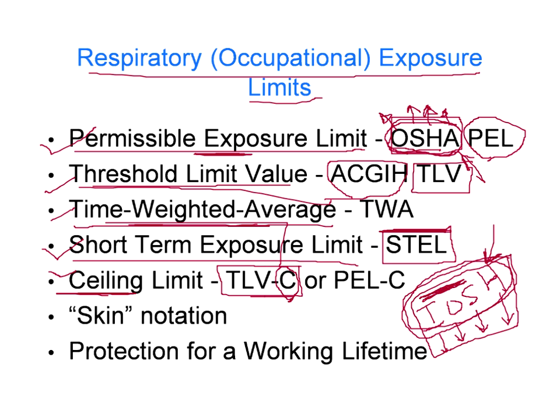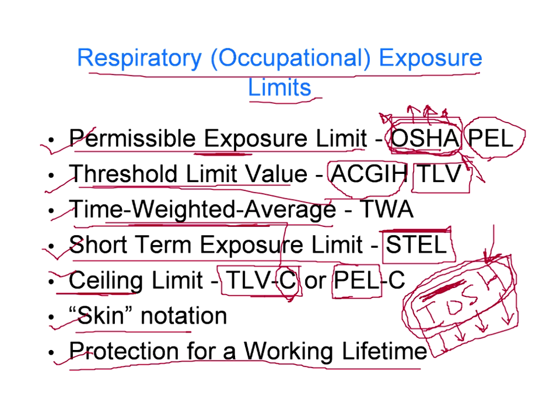Next is ceiling limit. This is called TLVC, C meaning ceiling. Ceiling means upper limit. You know what a ceiling is? Ceiling is the roof. The roof is above our head, so it is the upper limit.